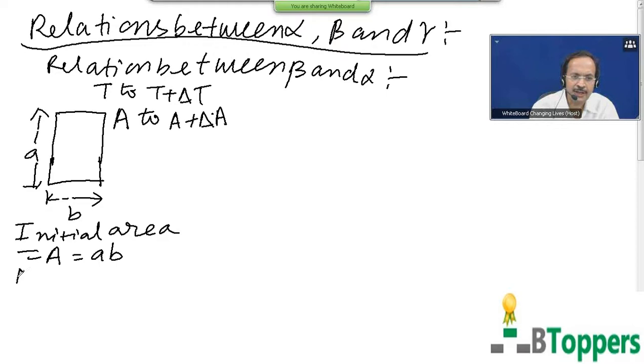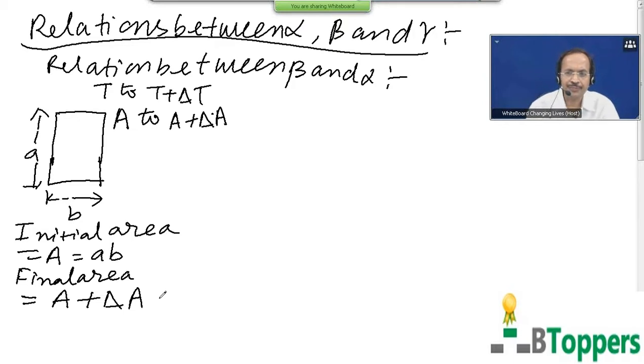The final area can be written as initial area plus delta A. Delta A is the increase in the area when temperature is increased. That is the product of final length a dash and final breadth b dash.